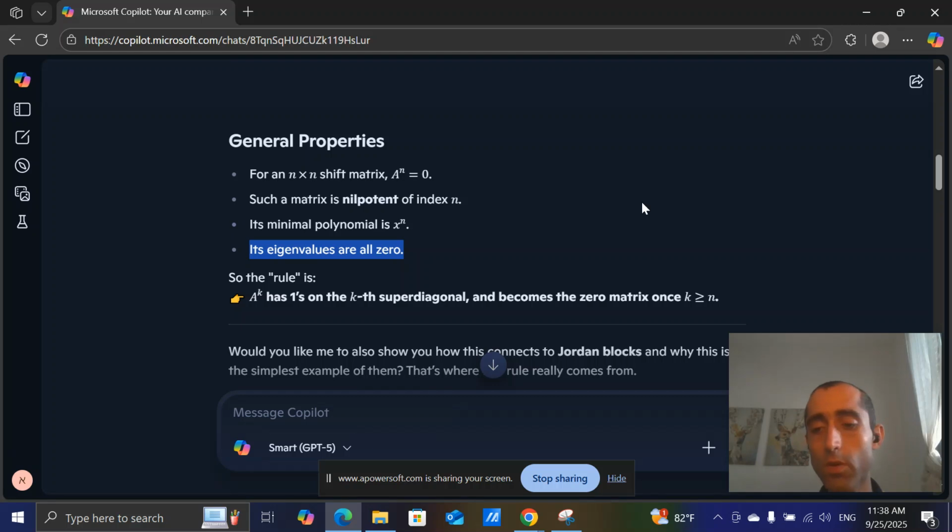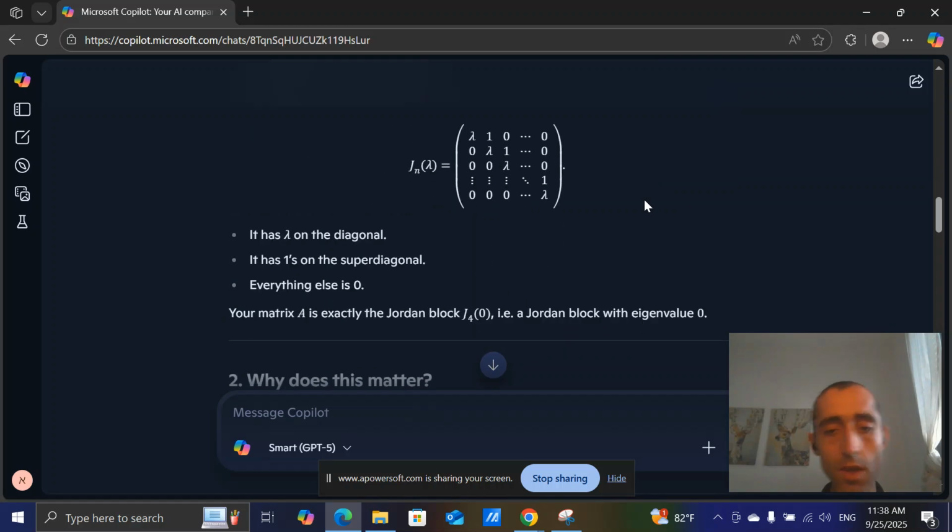Okay, so we talked a little bit about shift matrices, what they do, how they change when raised to a power, what their nilpotent index is, and what the matrix and its powers do to a vector. You can also relate it to a Jordan form.